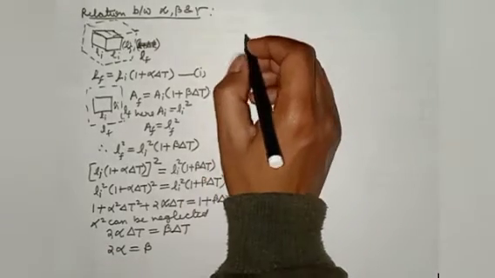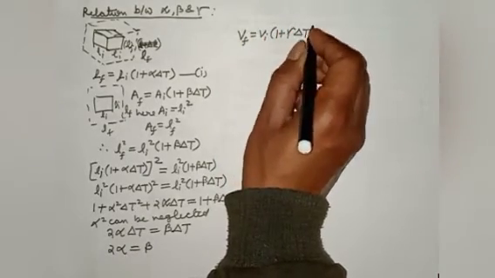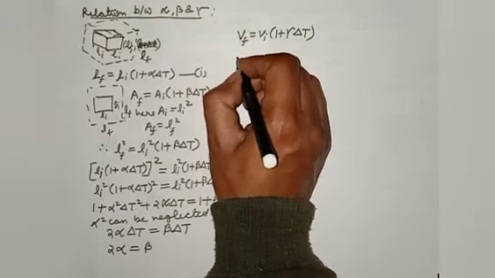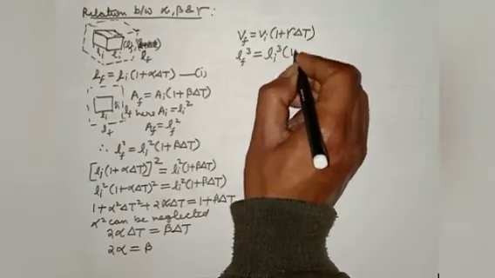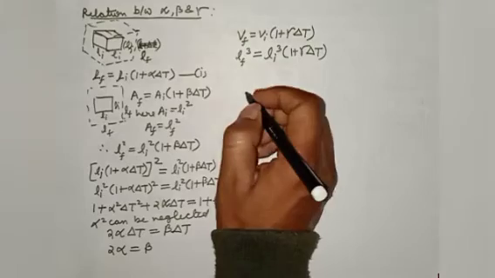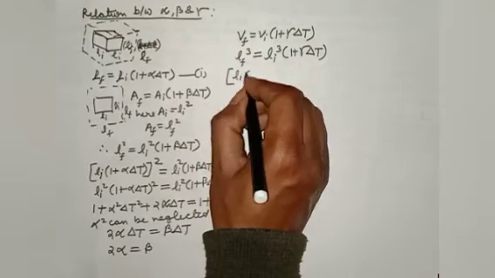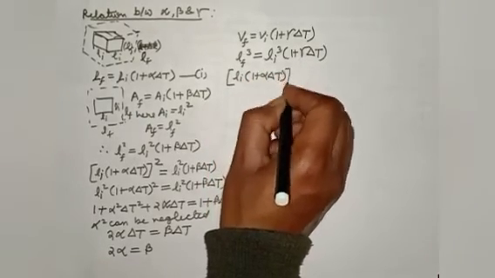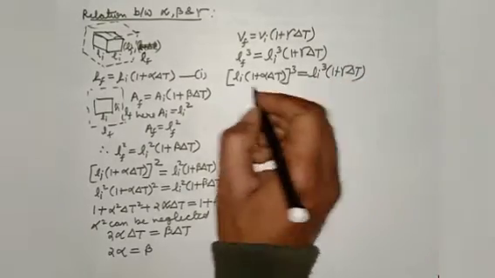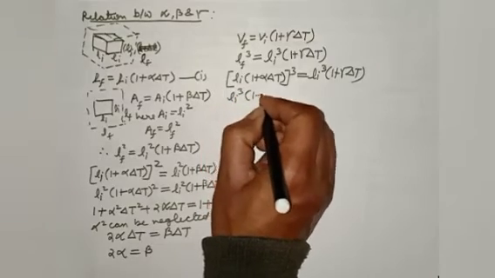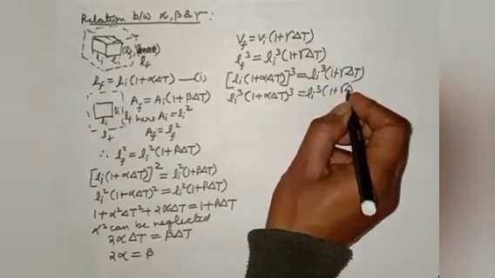Now let us suppose for volume, Vf is equal to Vi (1 plus gamma delta T). And what is Vf? It is Lf cubed, which is equal to Li cubed (1 plus gamma delta T). And once again, the value of Lf is Li (1 plus alpha delta T), cubed. So Li cubed (1 plus alpha delta T) cubed is equal to Li cubed (1 plus gamma delta T).